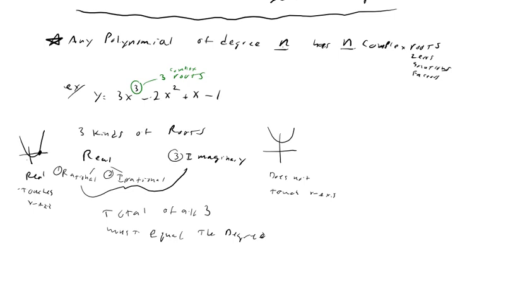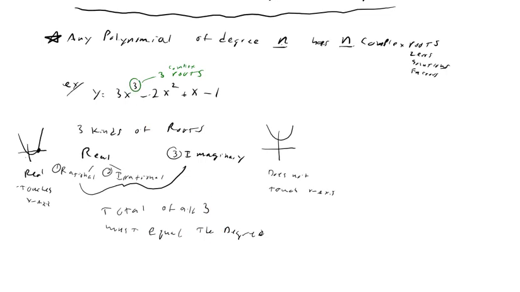All of these fall into the complex root category. They're all complex roots, but there are three different kinds: rational roots, irrational real roots, and imaginary roots. These three kinds have to total the degree of the equation.